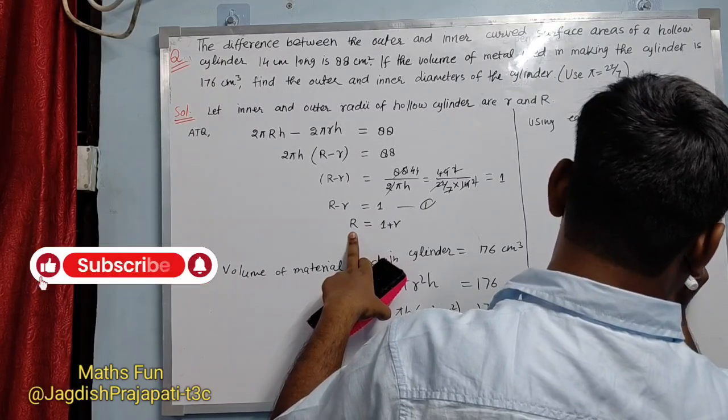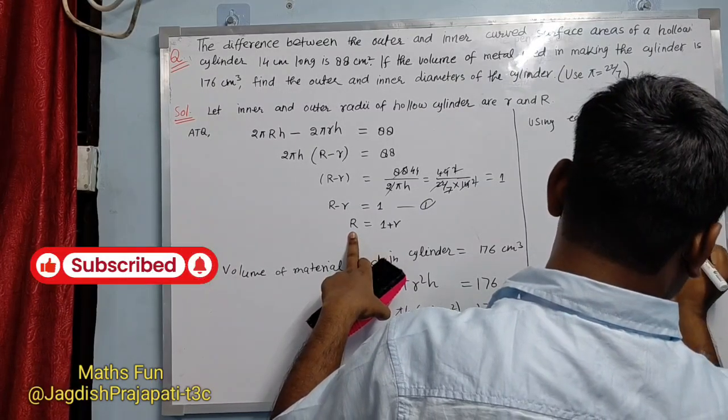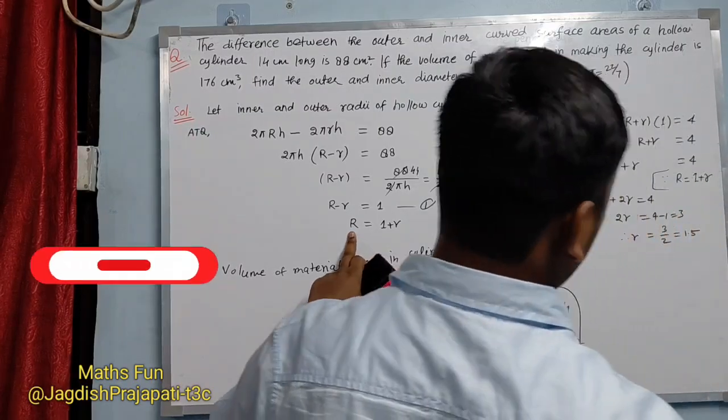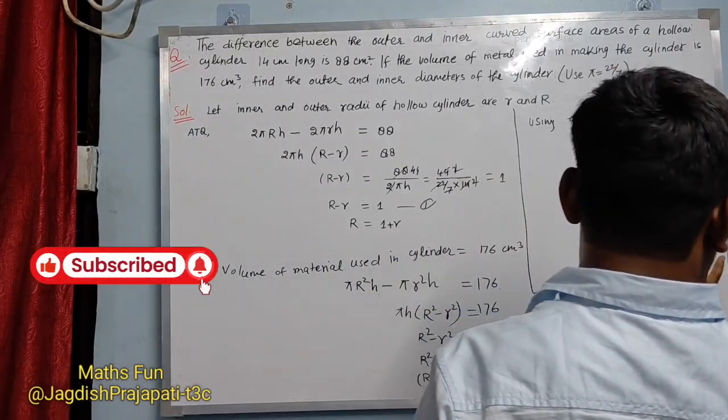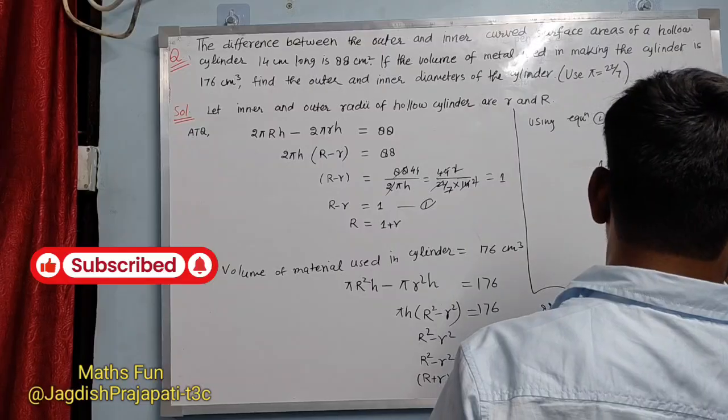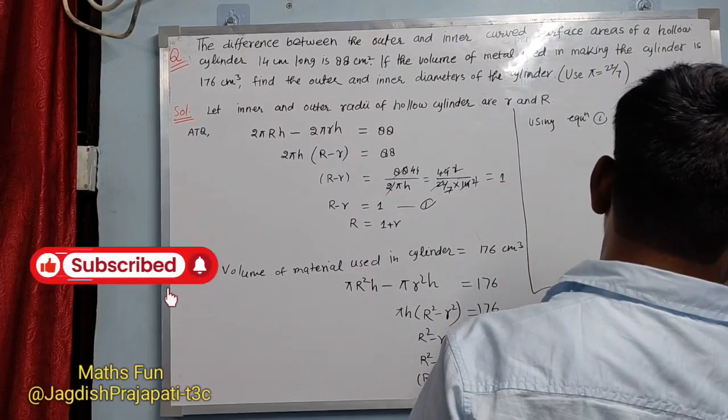So r will be 3 by 2, that is 1.5 centimeter.